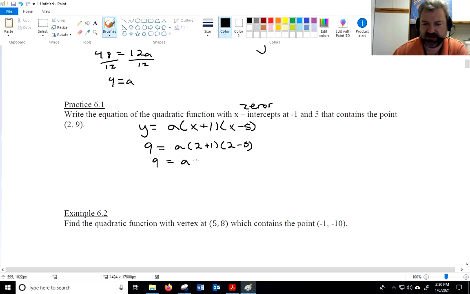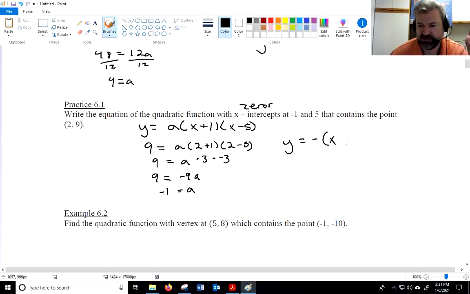So we get 9 is equal to a times 3 times -3, which gives me 9 is equal to -9a. So a is equal to -1. So our equation is, and we can just say negative, we don't have to put the 1, negative (x plus 1) times (x minus 5). And that's it.